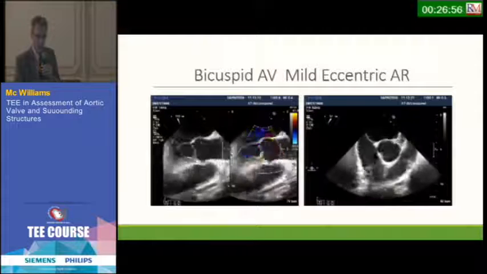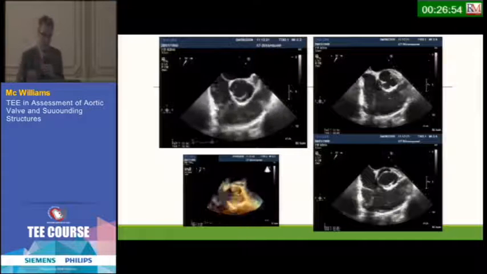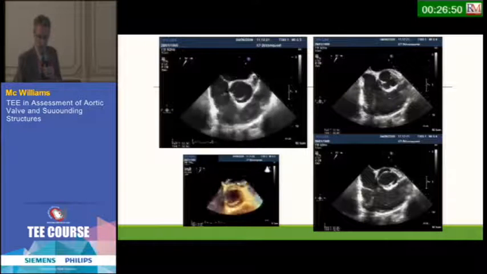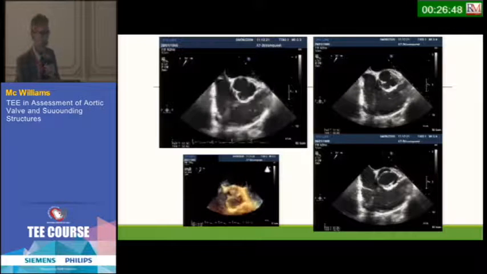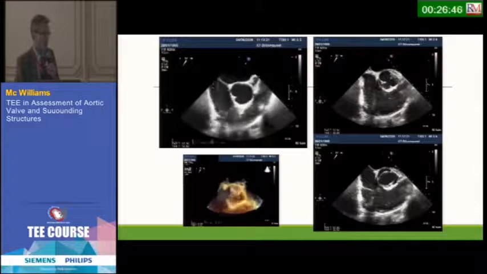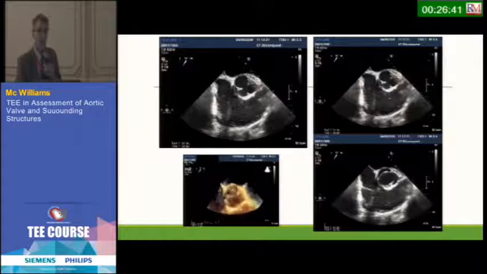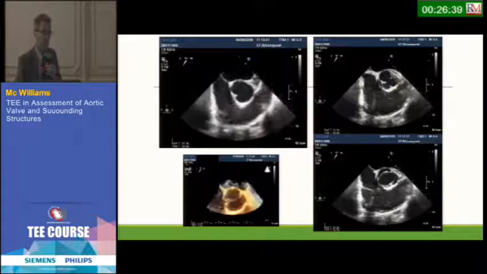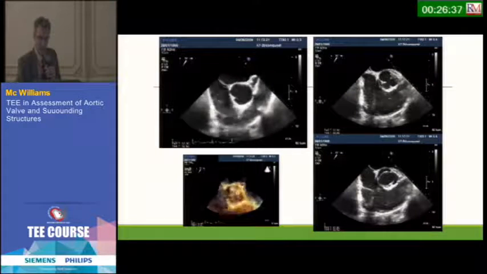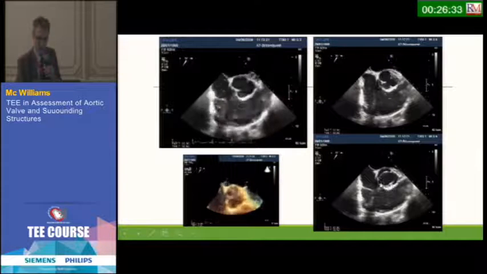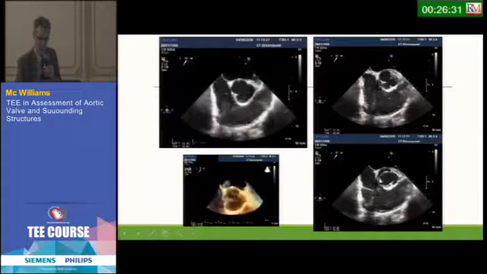And one very important point here about the aortic valve is it's very important to assess the aortic valve in systole or diastole. Which one do we assess it for? In systole, yes, because here's in systole. You can clearly see that this is a bicuspid valve.